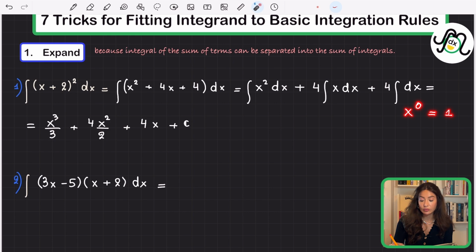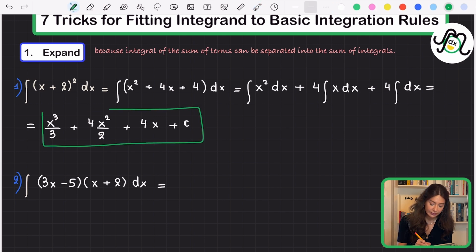So you just treat that the same way you did x squared or x to the power of 1. You have x to the 0, so you add 1, and you write the same thing in the denominator. And you will end up with x to the 0 plus 1, that's 1. So that's how you end up with x when you have the integral of dx, or 1 times dx. So that's the final answer.